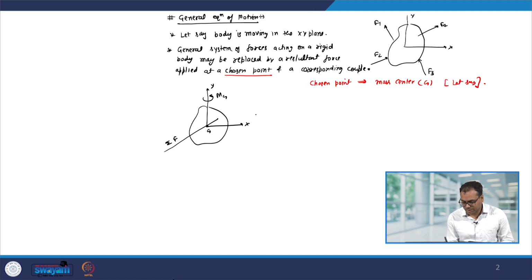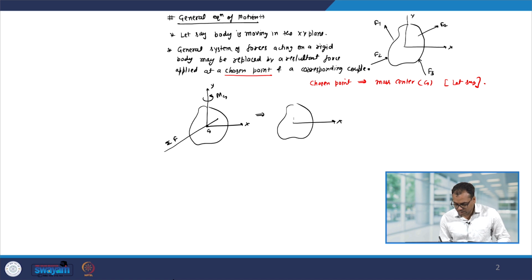So, let us say mg, and we know the equation of motion. Summation F is going to give me ma, where a is the acceleration, and the couple M is going to give me the rate of change of angular momentum.